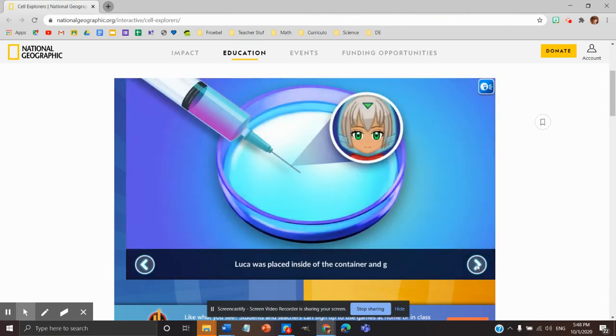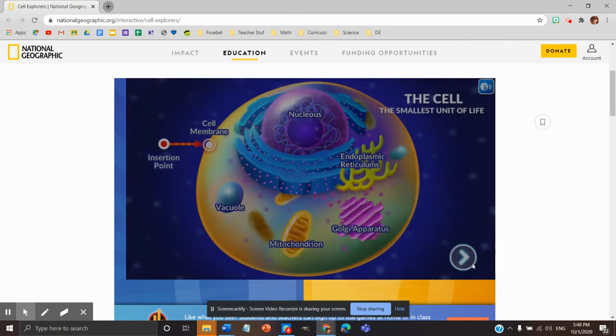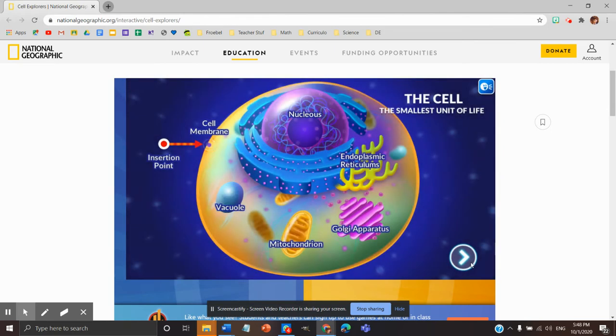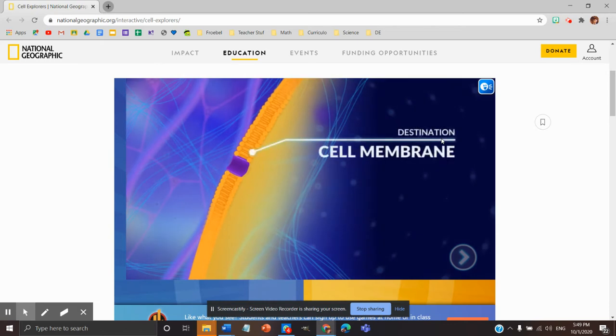I don't know if you can hear it, but basically, I'm just gonna skip through it. It basically says that you're gonna go through the different parts of the cell and try to find an antivirus in it. So you will need your keyboard to move and to use the flag.